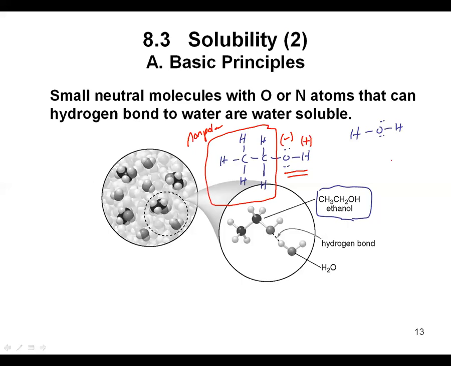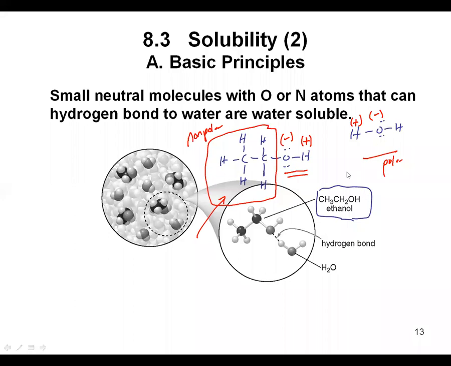Now, water itself overall is polar. In water, the oxygen is more negative, the hydrogen is more positive. Even though ethanol has a nonpolar part, it does contain this little part that is able to interact with water, and that's how it interacts.